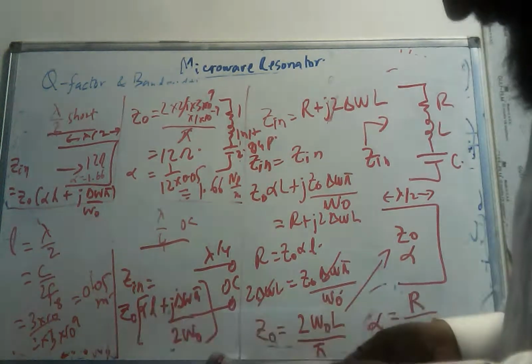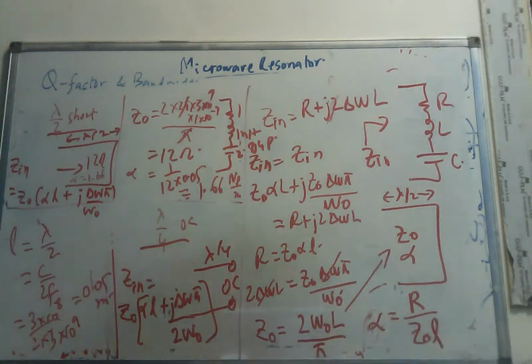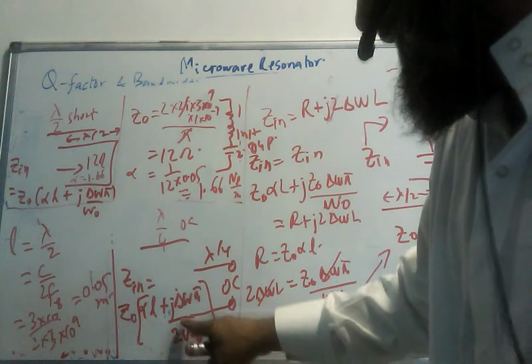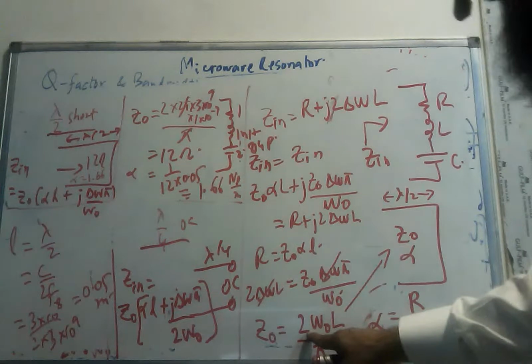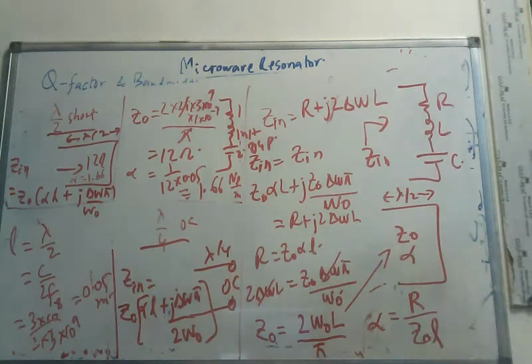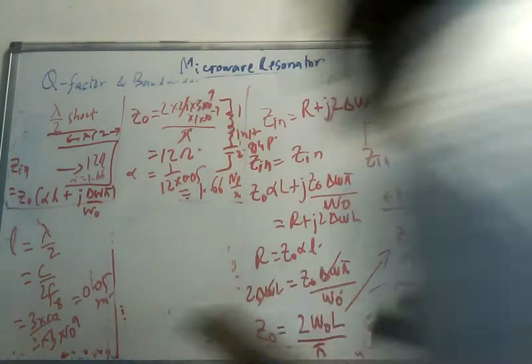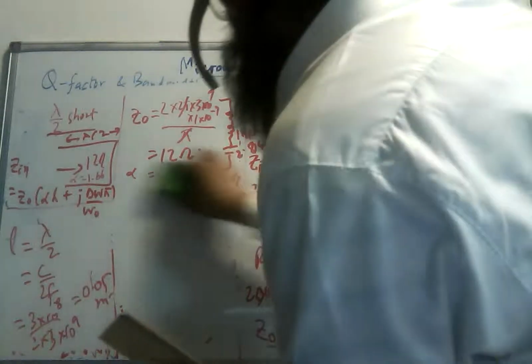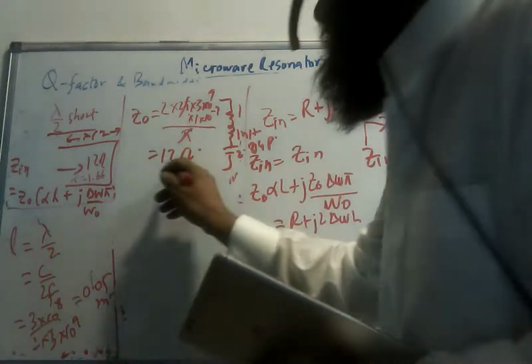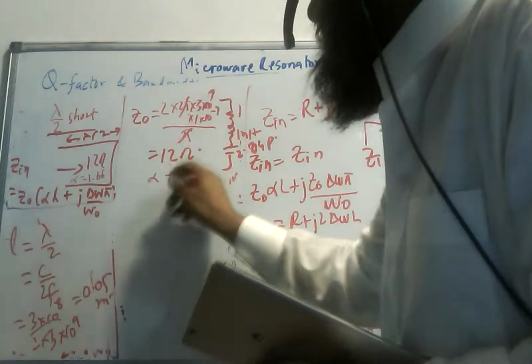But the only thing is, if you go to the next page, you will see one more thing: the impedance will be divided by 2, as you can see. So this will be multiplied by 4. So for this line, alpha equal to 1.66.